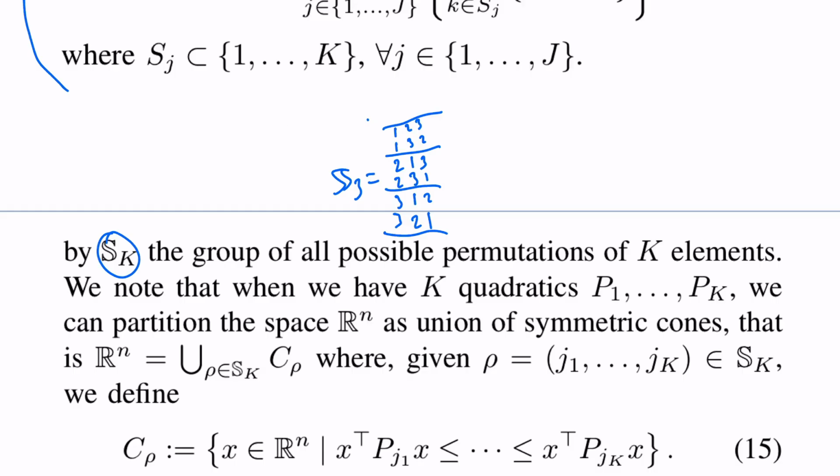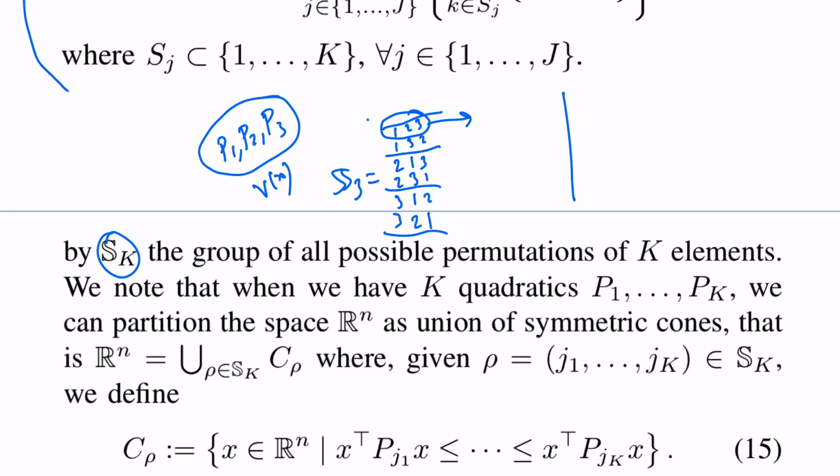Let's say we have P1, P2, and P3, and using those quadratic forms, we define our Lyapunov function. Here is the situation: each of them corresponds to a region in the state space, right?